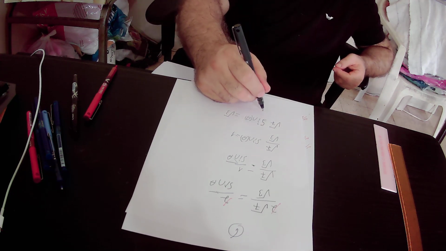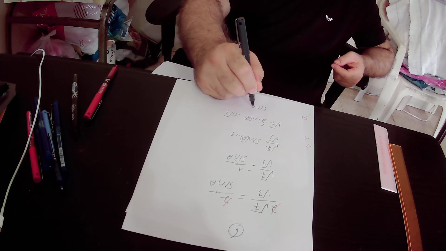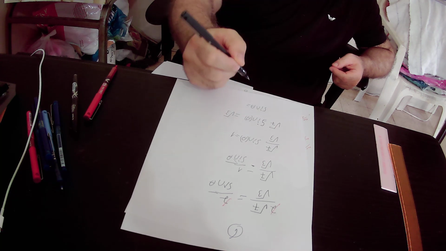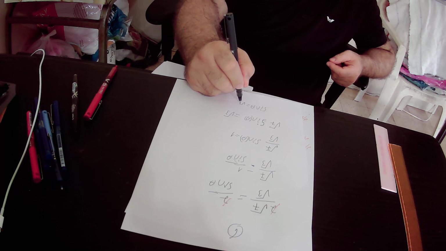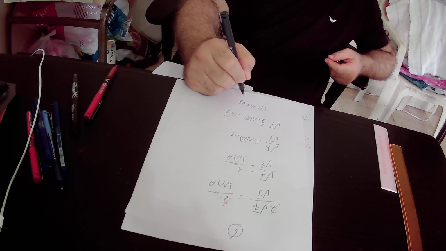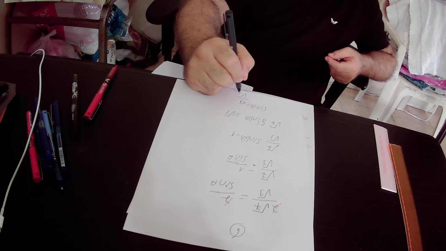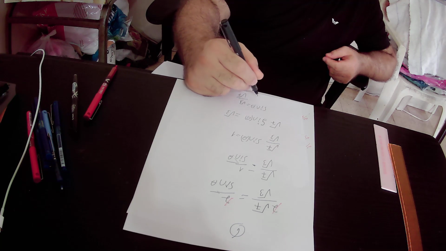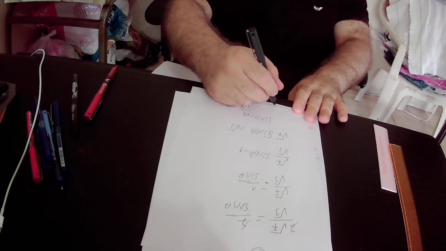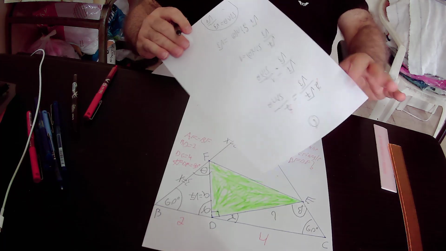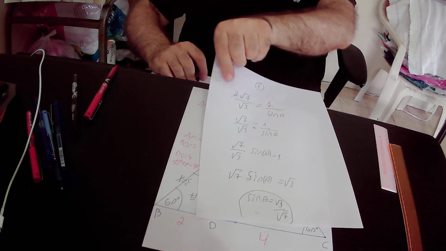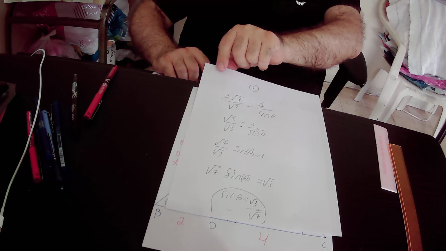We will get that sine theta equals root 3 over root 7. Okay, we found out the value of sine theta. Sine theta equals root 3 over root 7.